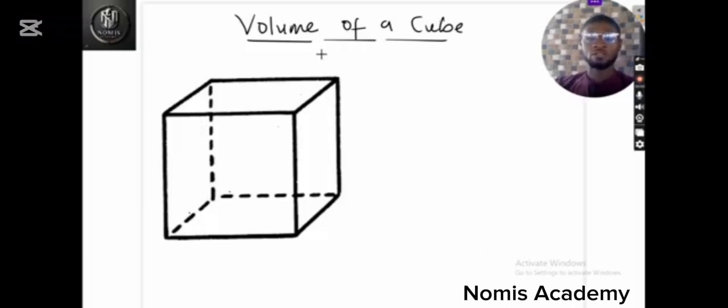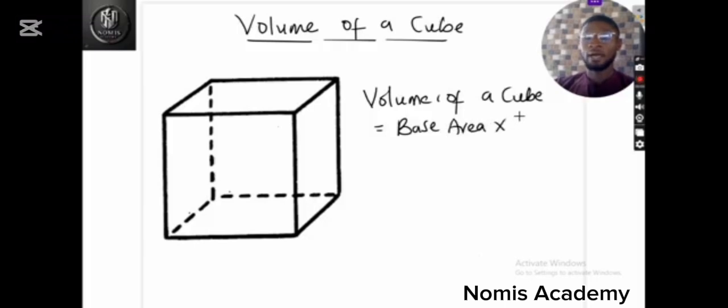Then how do I calculate the volume of such? So volume of a cube is the base area multiplied by height. Now looking at it, what is the base area?